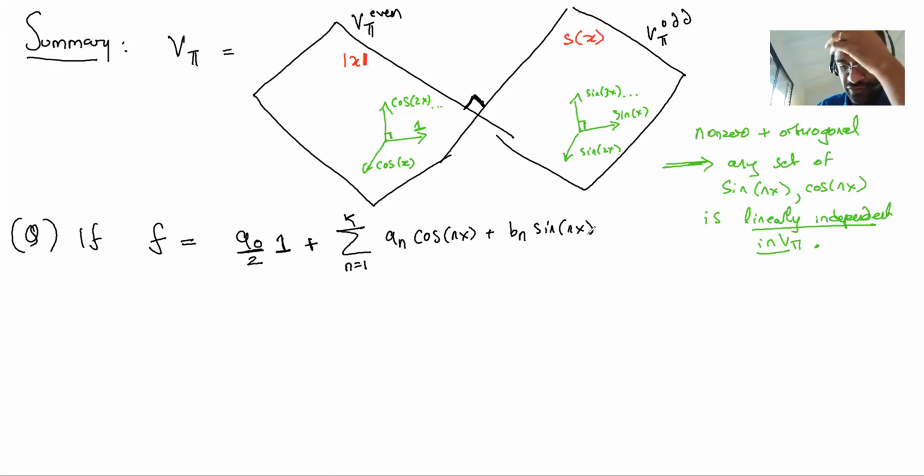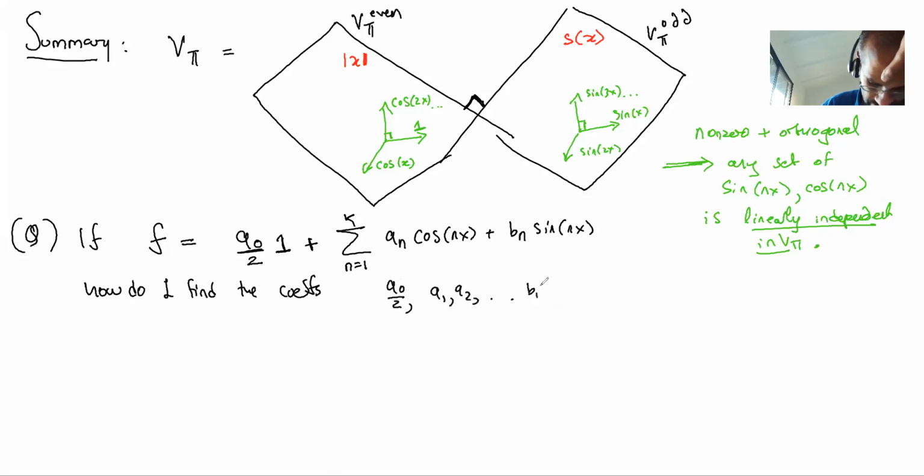So this is a good old finite linear combination. How do you find the coefficients a naught over 2, a1, a2, b1, b2, dot, dot, dot?